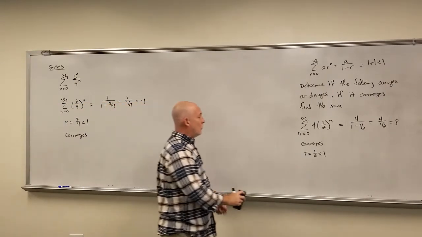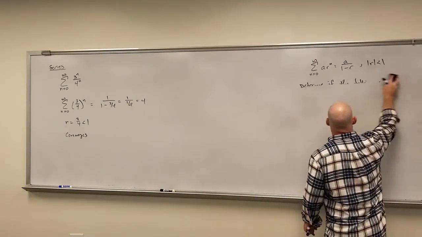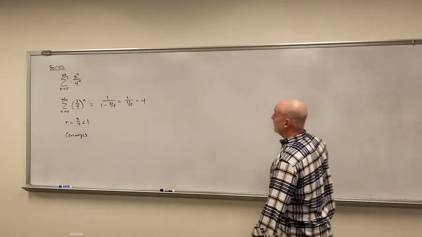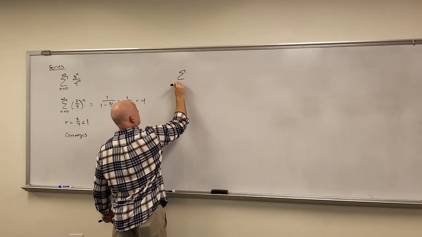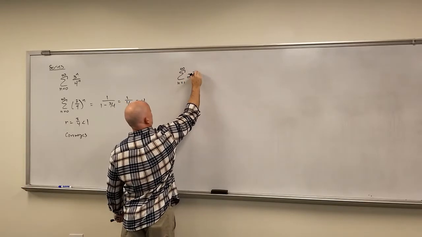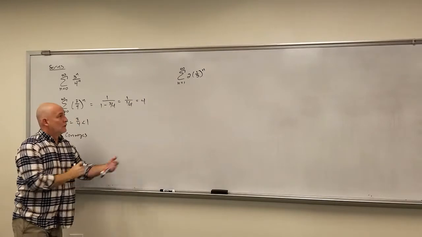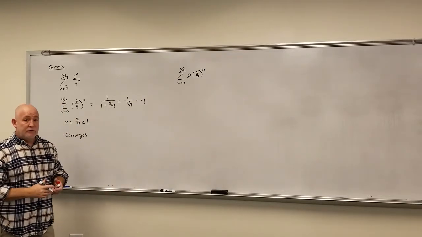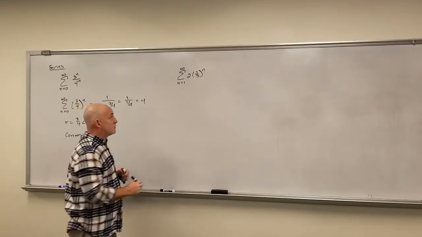Now there is one other thing that may show up with your geometric series. What if we had something like this? The sum n equals 1 to infinity of 2 times (1/3) to the n. Okay, so if we're given this geometric series, the good news is we can still say whether or not it converges or diverges.